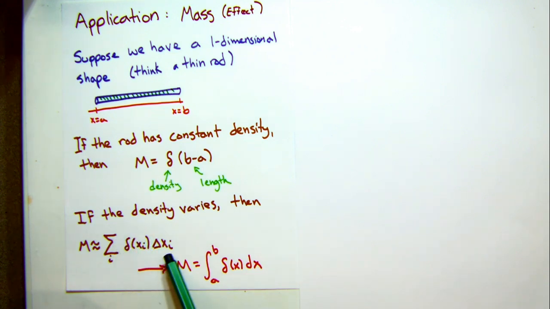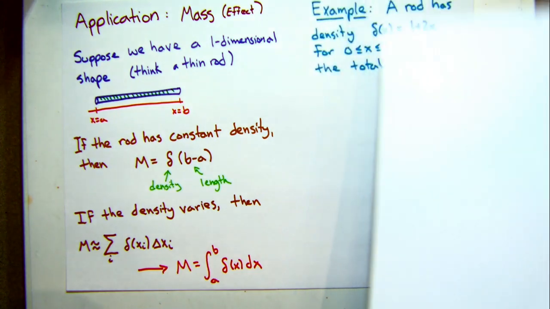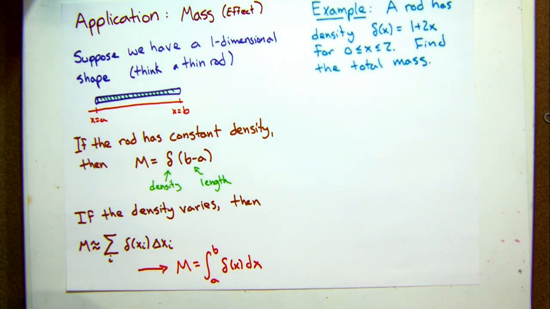So I have the density of that little tiny piece, that's my delta xi. I have the length of that little tiny piece, that's my delta xi. So this is my mass of my little piece. And I add them up. But of course, you say, look, just go finer and finer. And your summation becomes the integral. The integral from a to b of delta x dx.